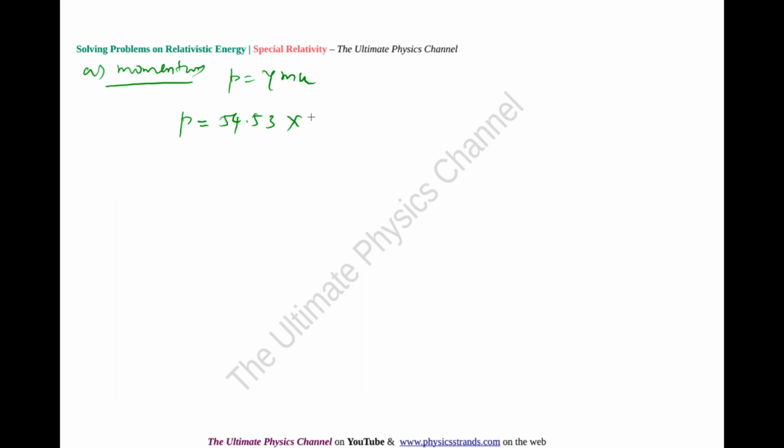So we can directly use MeV units, or we can calculate in SI units, kg m s minus 1, and then convert into MeV over c. So that is also possible. Either way, it is fine. So I'm going to do the brute force approach here.